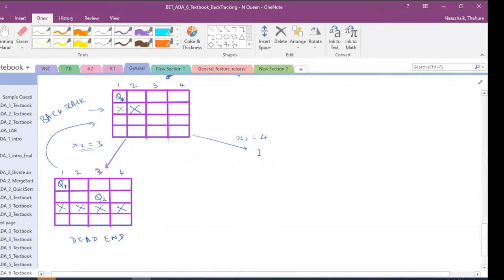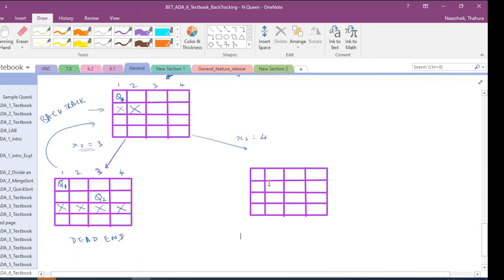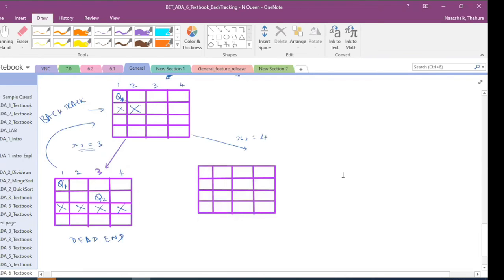Let us explore this one and see whether it will help out here. So what are the placements here? Queen 1 was here. Queen 2 was here. Now we have to check for queen 3. Sorry, x2 was 4 in this case, right?